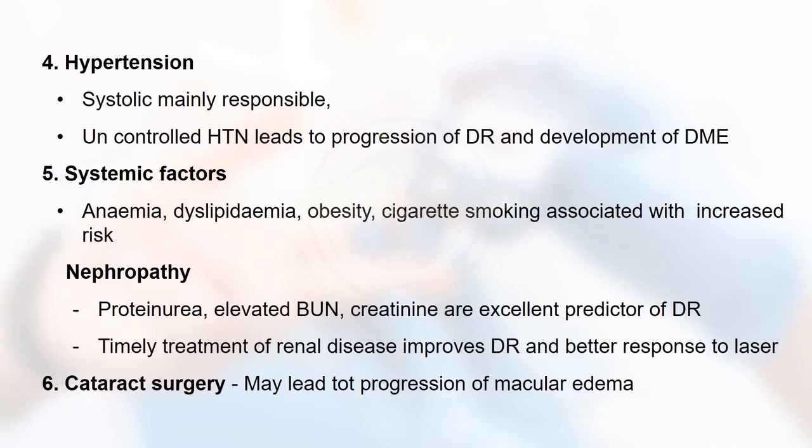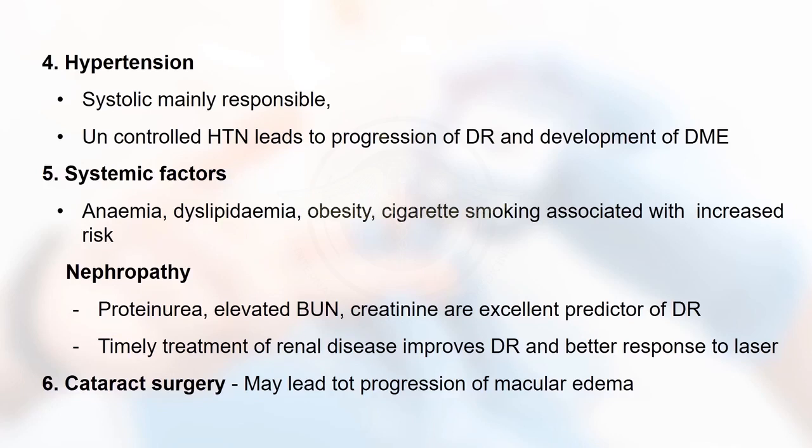And this systolic is mainly responsible for more incidence of diabetic retinopathy, and uncontrolled hypertension, both systolic and diastolic, leads to progression of diabetic retinopathy and development of diabetic macular edema.